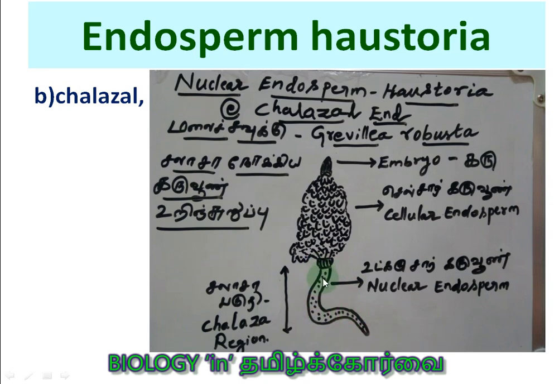It is like a worm in which free nuclei are present. So this is the nuclear endosperm at the chalaza. It penetrates through the chalaza and goes to the other part of the ovary, from where it gets the nutrients. And this is the cellular endosperm just below the embryo. So the haustoria is produced from the chalazal end of the endosperm.